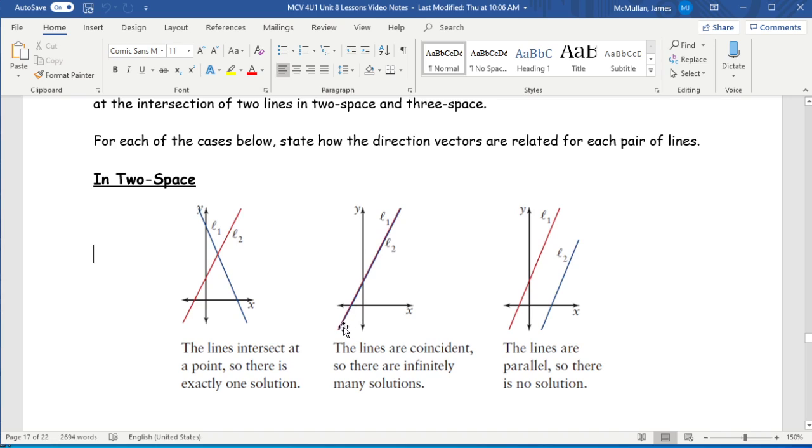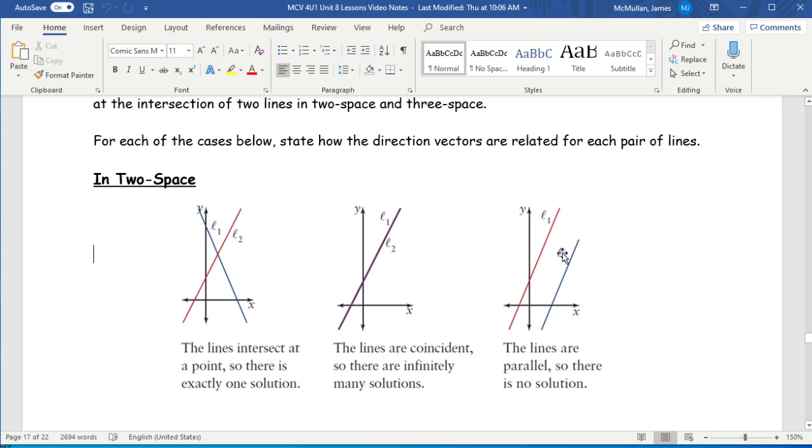Either the two lines were parallel and consistent, which means they're coincident, they are the exact same line, and therefore they intersect everywhere. The two lines have different slopes, and therefore intersect in exactly one place.